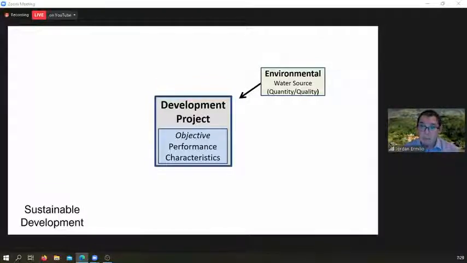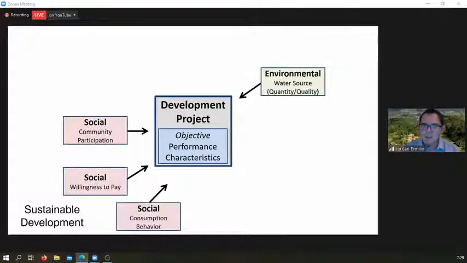But sustainable development, the project itself, really looks at a more holistic view of sustainability. It starts to look at social constraints. This is where the social cohesion of the community themselves comes into play.